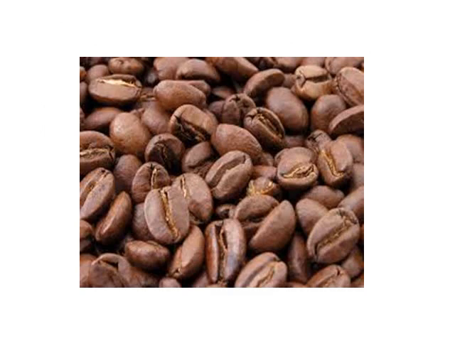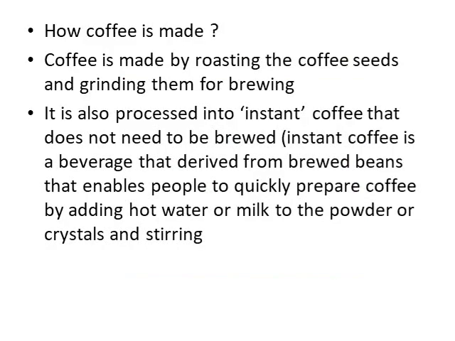Look at this picture. These are coffee seeds. How is coffee made? Coffee is made by roasting the coffee seeds and grinding them for brewing. It is also processed into instant coffee that does not need to be brewed.